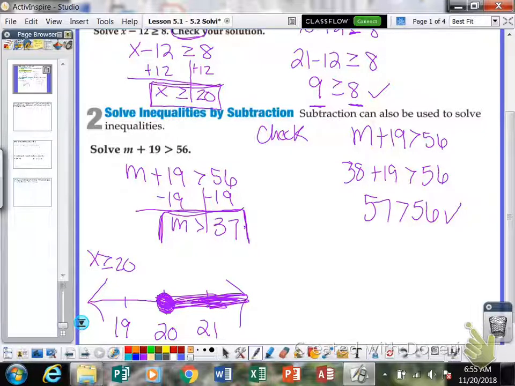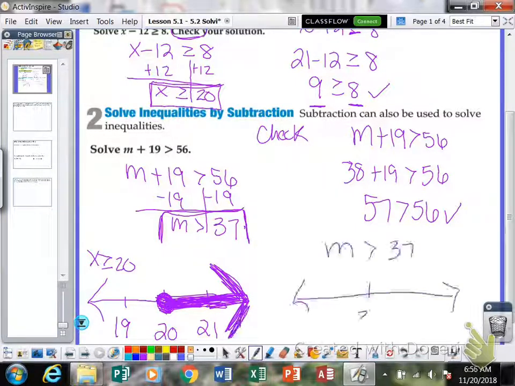And then for the other one, same thing, m is greater than 37. Again, I only need 3 numbers. The middle number is the number that I solved for, 37. 1 to the right, and 1 to the left. And now, because it's just greater than, we have an open circle because we can't use 37. Because if we did put 37 in for m, 37 is greater than 37.